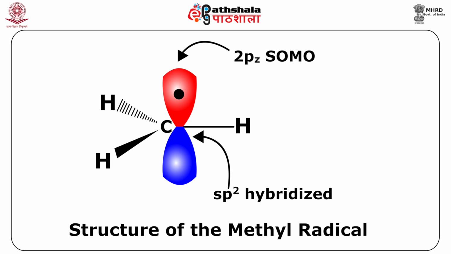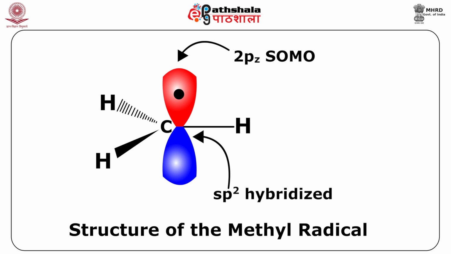The unpaired electron, which is the odd electron, note that it occupies a 2p carbon atomic orbital, and it has been arbitrarily designated here as 2pz. This singly occupied orbital is often abbreviated as the SOMO, that is, singly occupied molecular orbital.